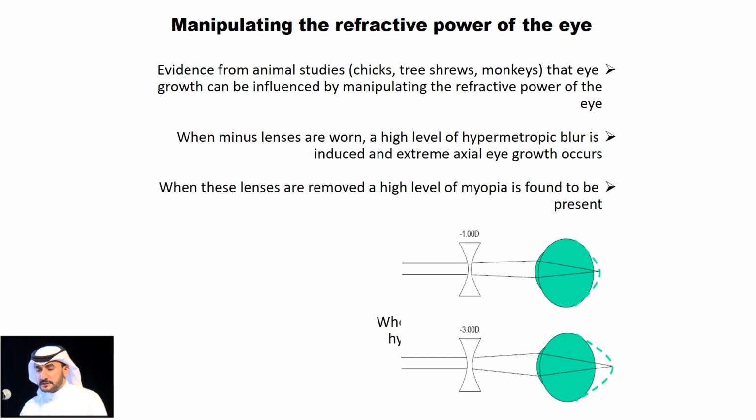When they placed minus lenses, they found that the eye grew faster compared with plus lenses. This is thought to be due to hyperopic blur defocus. As you see in the diagram, the image with minus lenses will be projected behind the retina, and this acts as a stimulus for eye growth, whereas plus lenses make the image fall in front of the retina and there is no stimulus for eye growth.